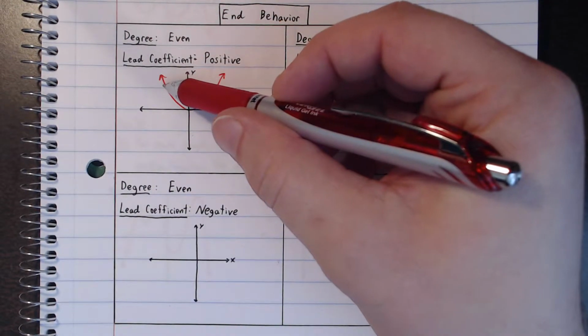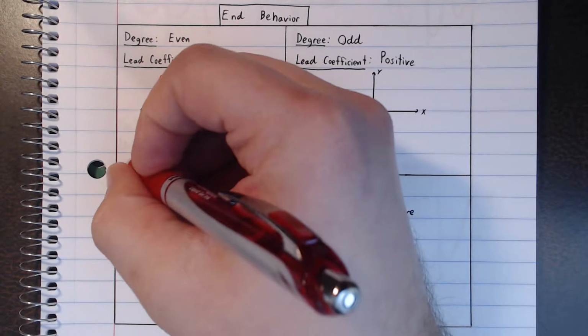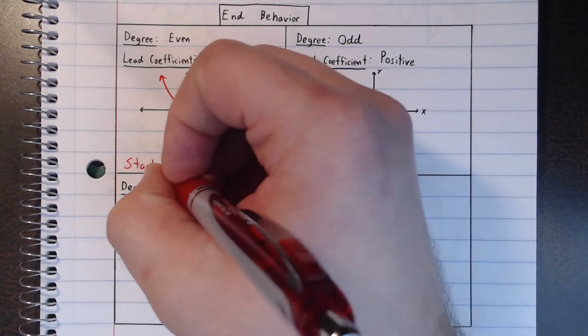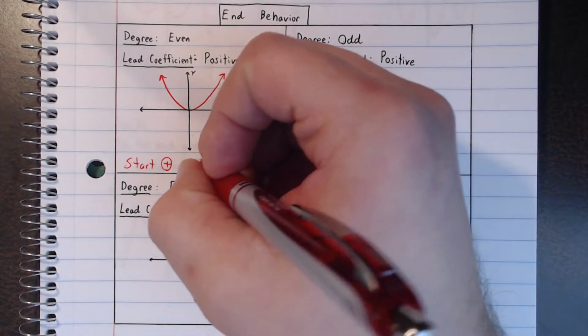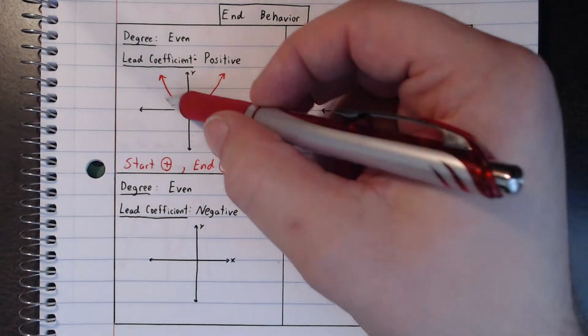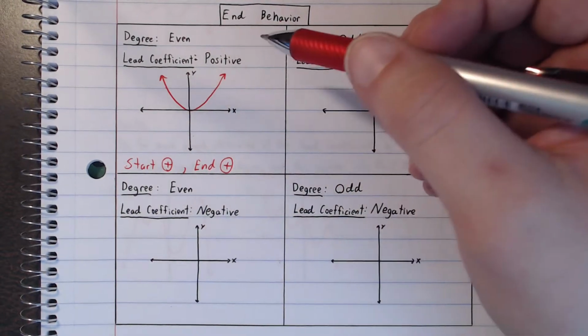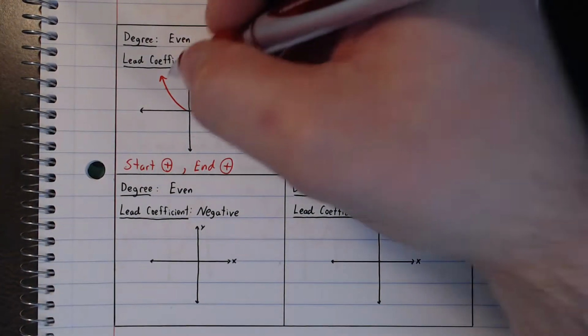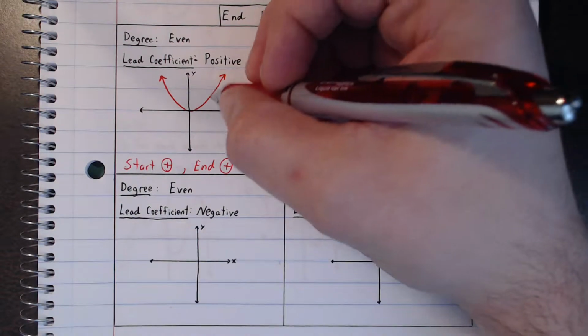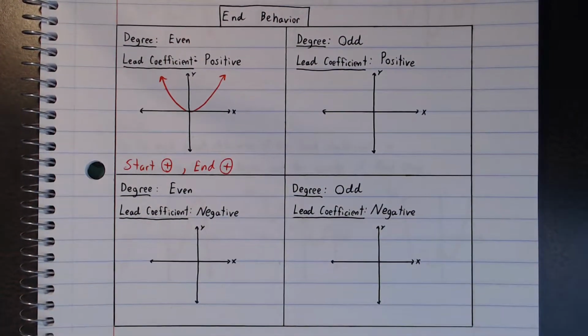What's happening with our end behavior is we're starting positive and we're ending positive. What happens in here, it could be anything. We could have squiggles if we wanted to. There might be a gap in the function. But what's important is these end behaviors, start and end positive.